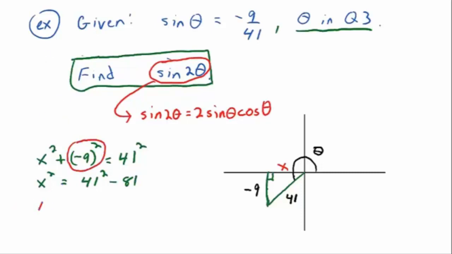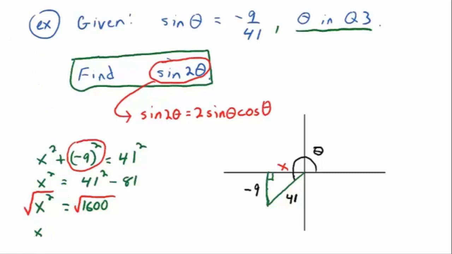If you run 41 squared minus 81 through your calculator, you'll get 1600, which means x squared is 1600. We have to take the square root of both sides to get x.